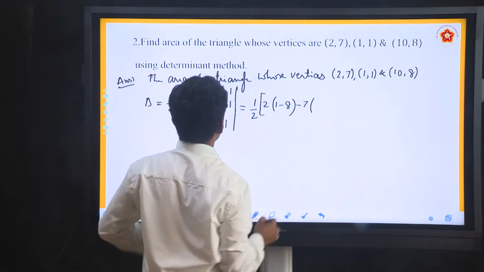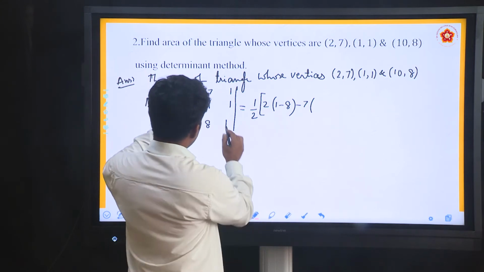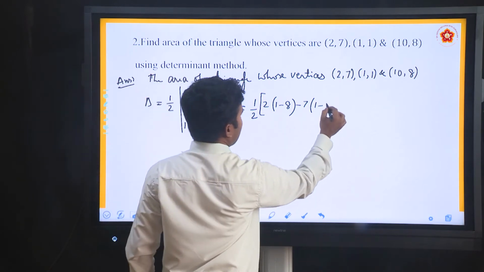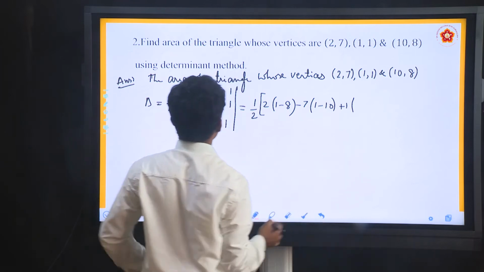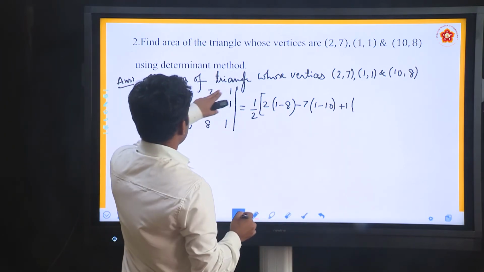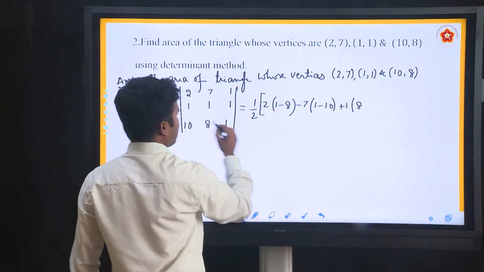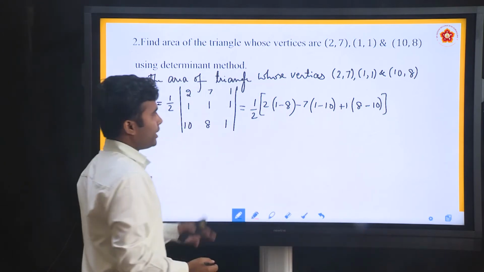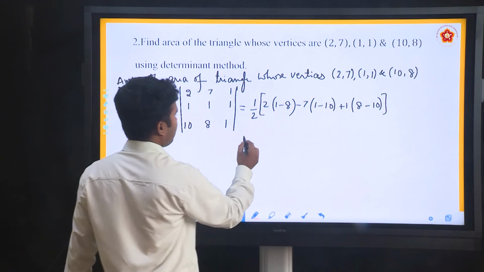Minus 7 times, delete the first row, second column, 1 into 1 is 1 minus 1 into 10 is 10, plus 1 into, you just delete the first row and third column, 1 into 8 is 8 and 1 into 10 is minus 10. So, you just simplify it and put it in the simplest form, that gives the area of a triangle.